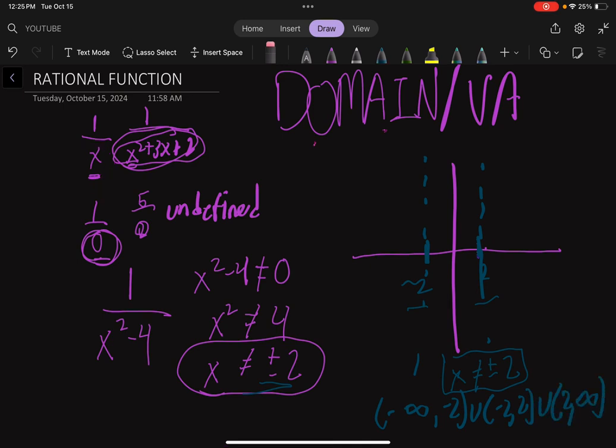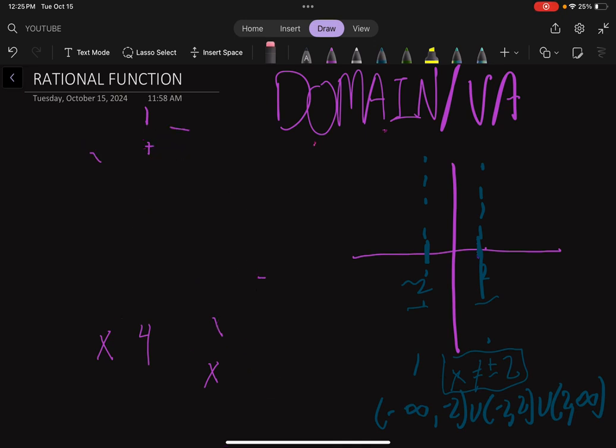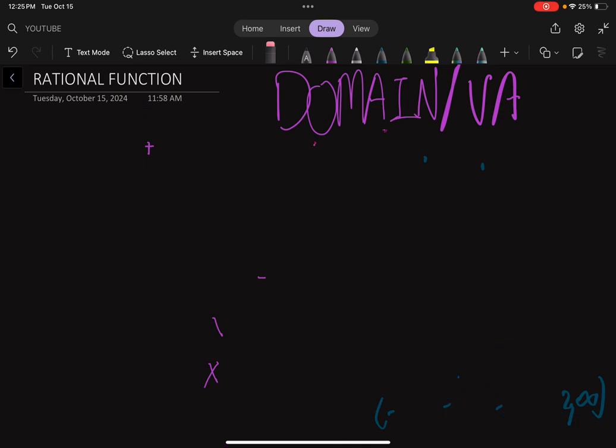Okay, let's look at a more difficult example. Let's say we have the square root of x minus 4 and x over x plus 2.